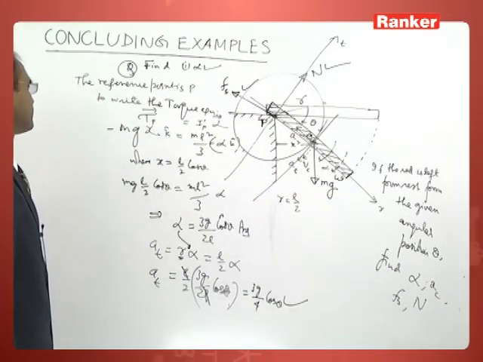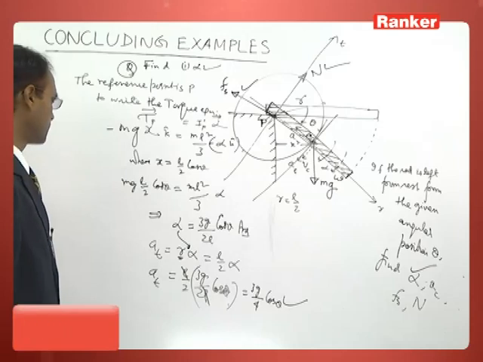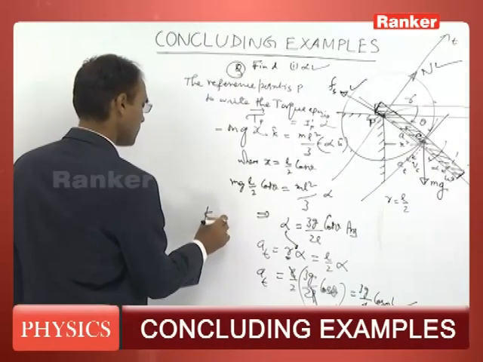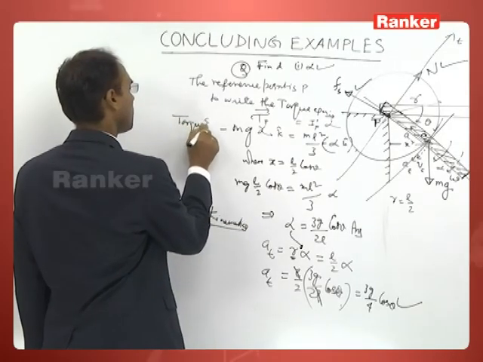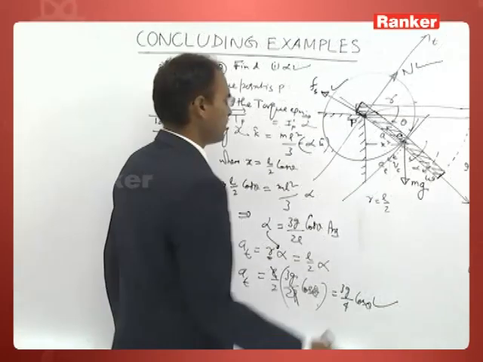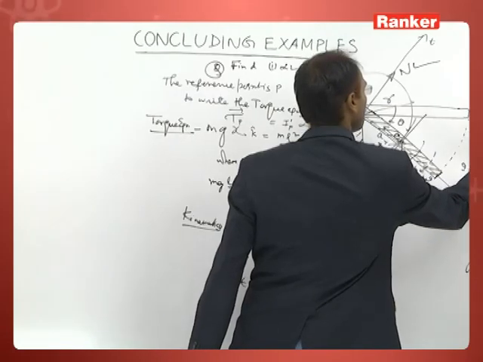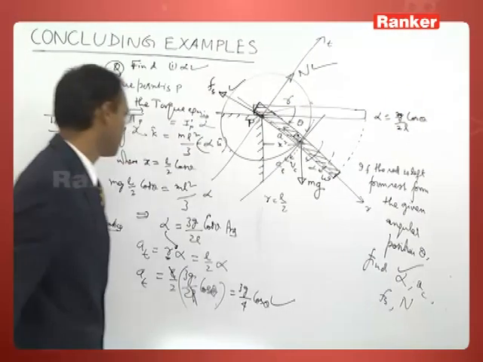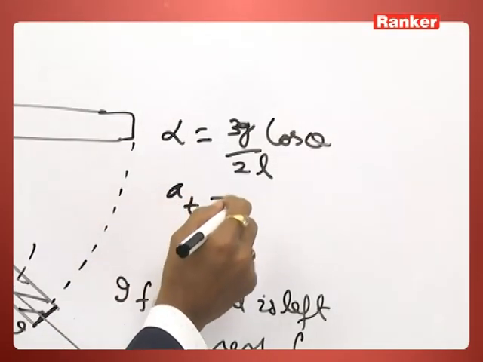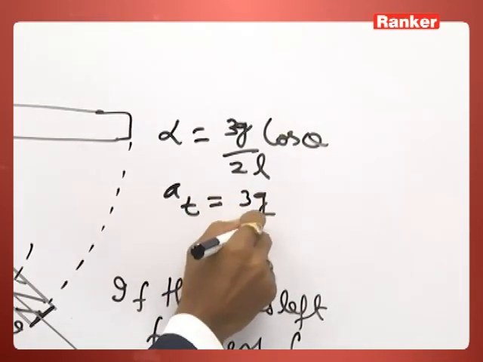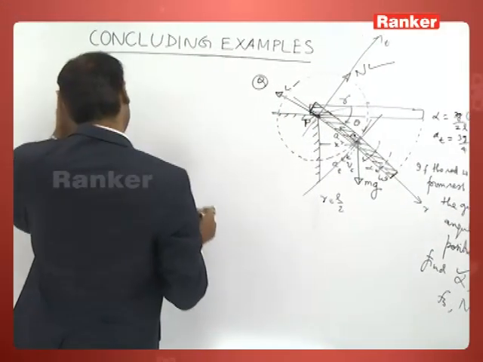This is the question. And we have calculated alpha, and we are applying the kinematics. This is a torque equation. So you note alpha is equal to 3g by 2L cos theta, and tangential acceleration of the center of mass is equal to 3g by 4 cos theta. Let us write the force equation now.